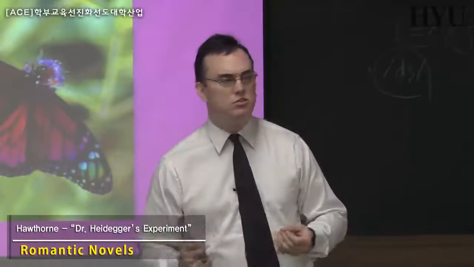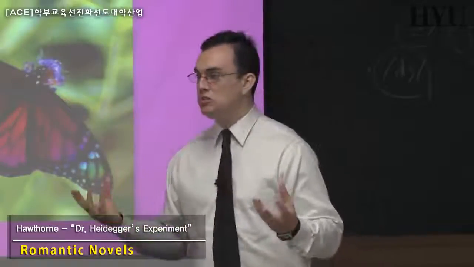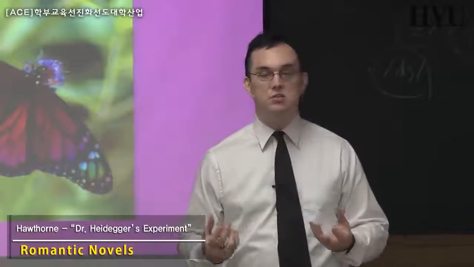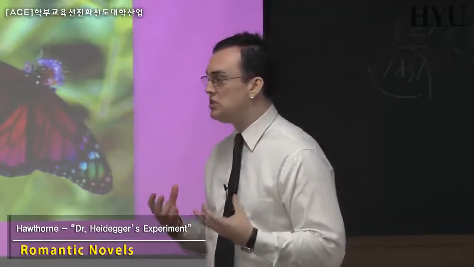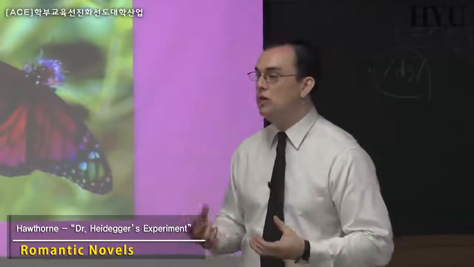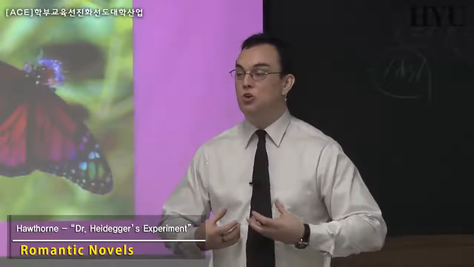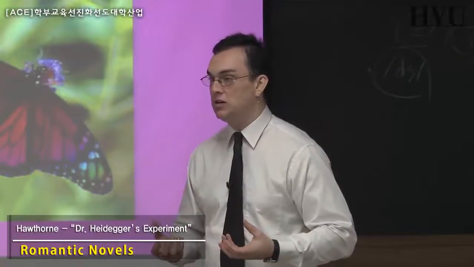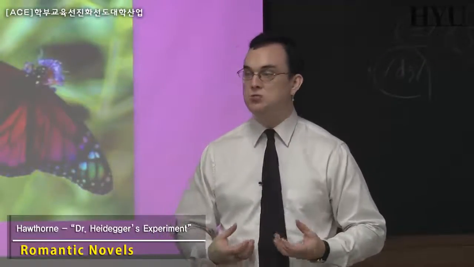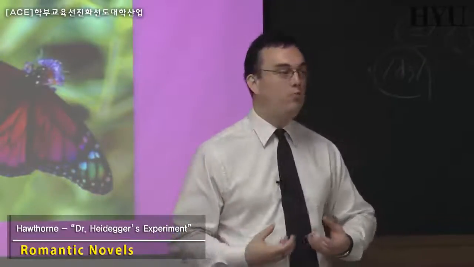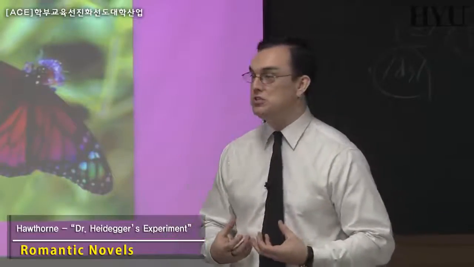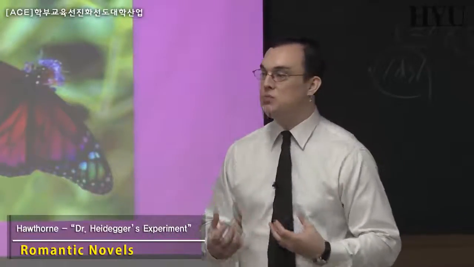So if we were to look overall at what this story is about, of course there are different interpretations that we could give to it, but overall it seems to be looking at the way in which we think about our lives and how we learn from our experiences, right? So as we live, hopefully we learn from our experiences, but Hawthorne seems to have a rather pessimistic view of this.